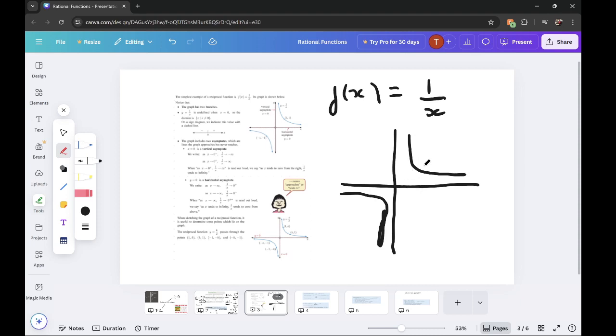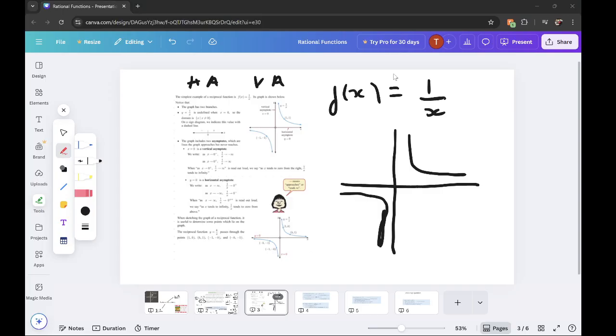You can clearly see that there's something unusual. This doesn't seem like your normal hyperbola, even though it's called a rectangular hyperbola, and that is because of something called horizontal and vertical asymptotes. So you have a horizontal and vertical asymptote to worry about.